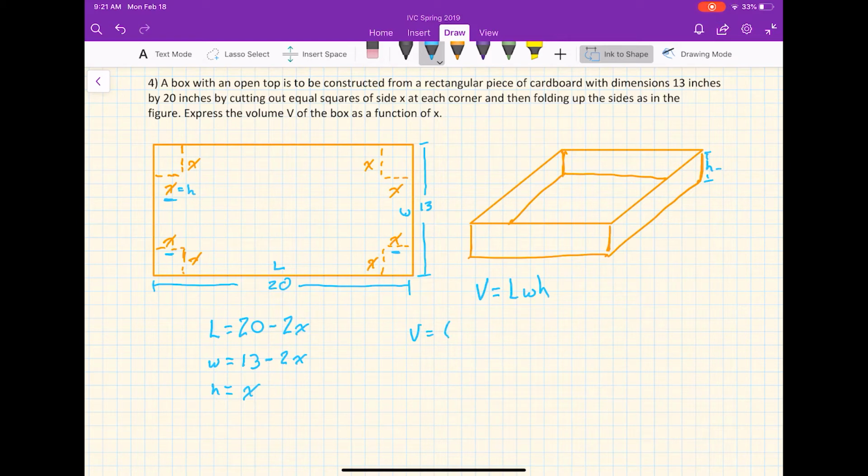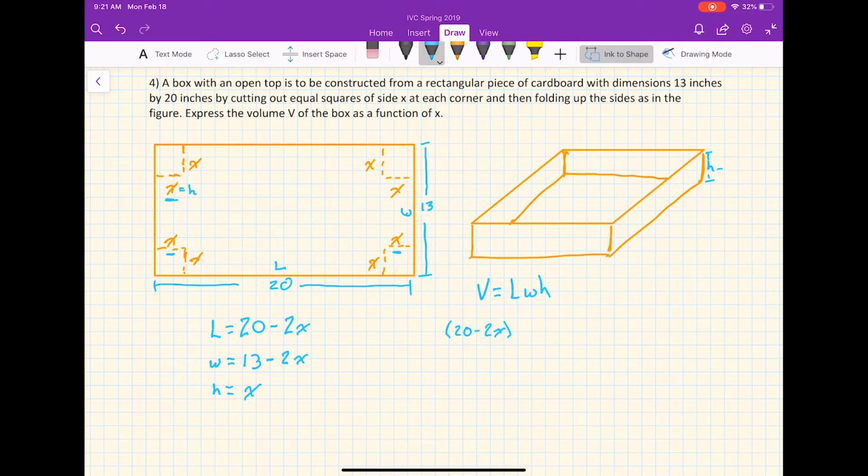So basically, we're just going to sub in all of these for our equation. We got the quantity 20 minus 2x for our length, times the quantity 13 minus 2x, and then that, of course, is going to be times x, which is our height.